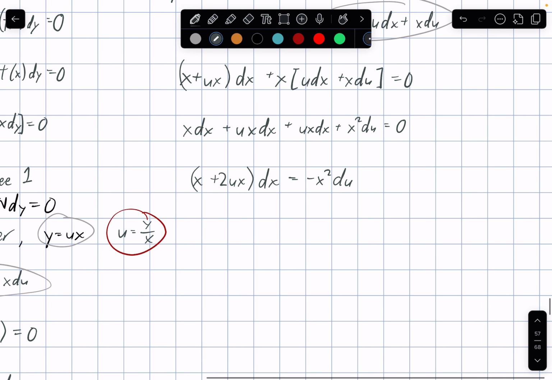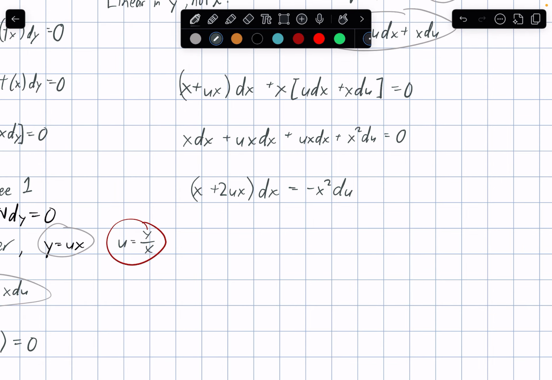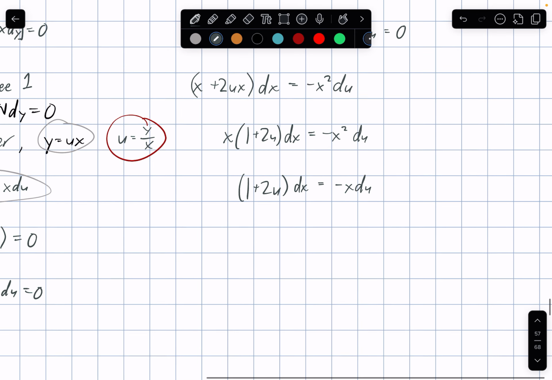Now, let's determine if it's variable separable. Let's try to factor out x. Simplify. 1 plus 2u dx equal to negative x du.